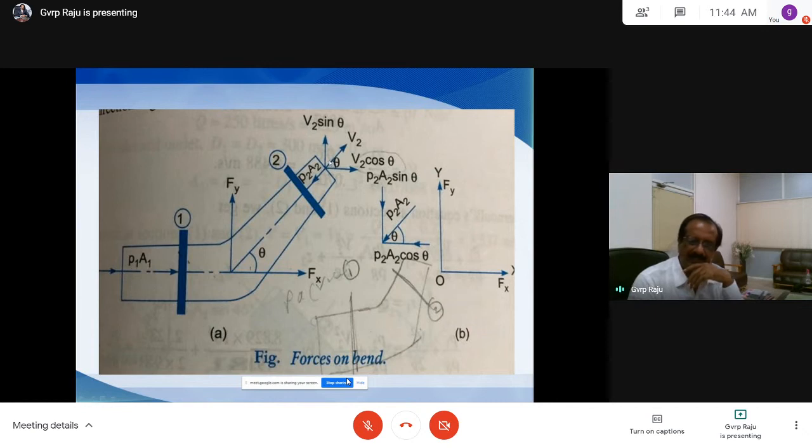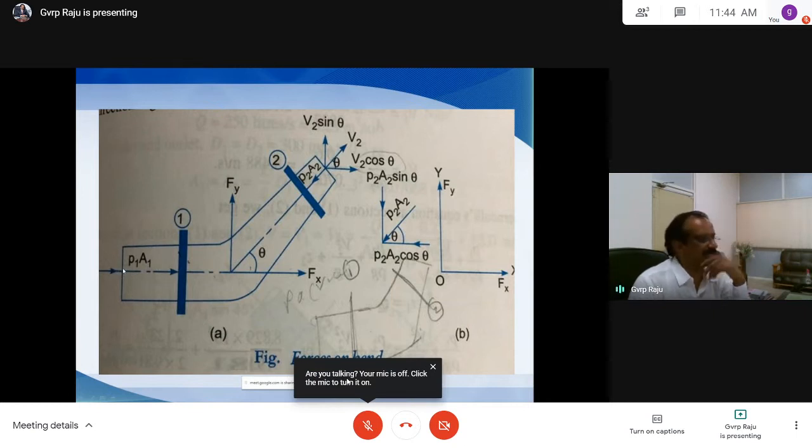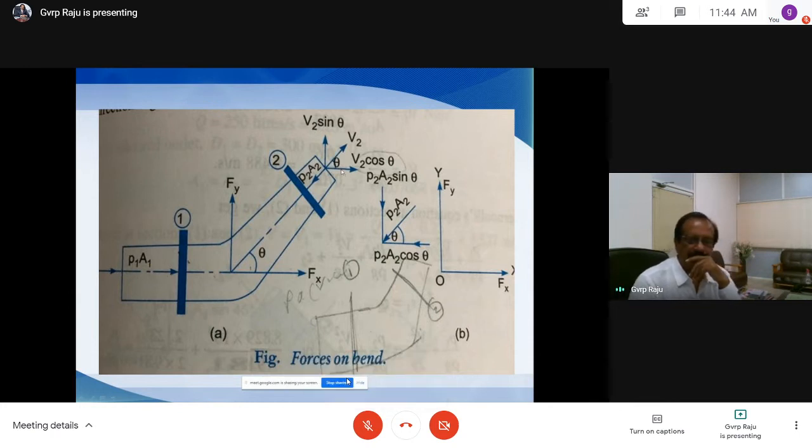And again velocity V2 here. So V1 is also acting in the same direction. And this V2, we can resolve into two directions here. So when you resolve in the horizontal direction, this is V2 cos theta.